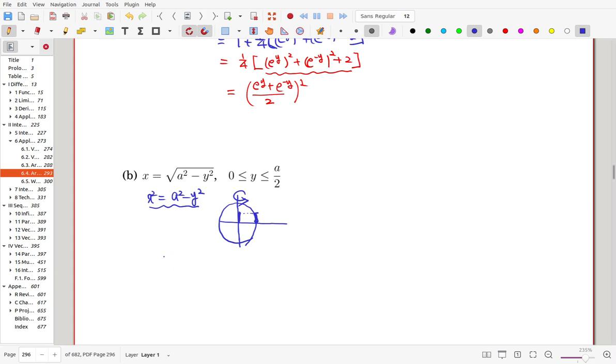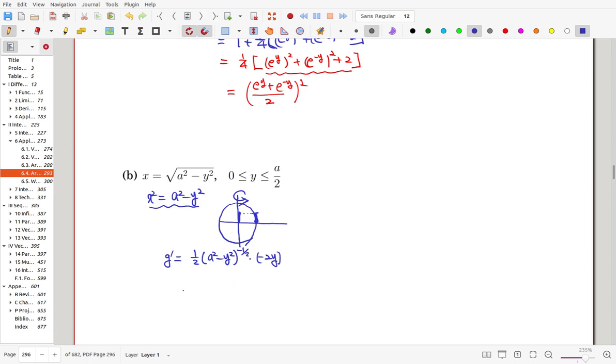Okay, now we'll try to get g prime here. That is the same as here half will come out, and then a squared minus y squared to the minus half power, and this is minus 2y, right?